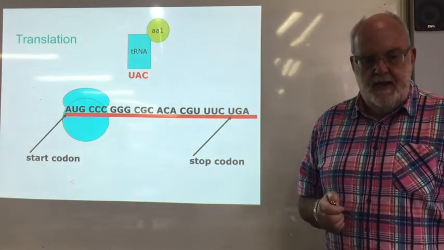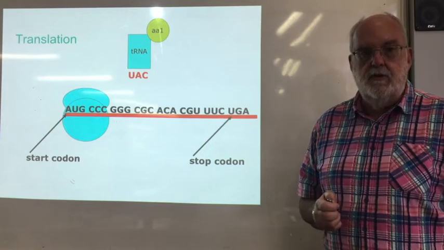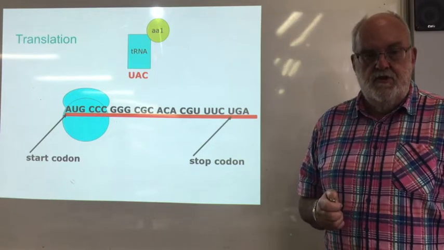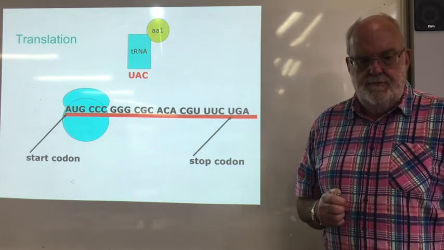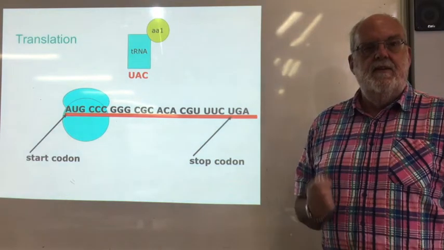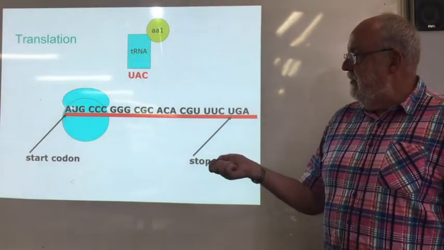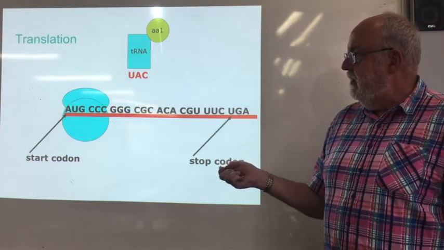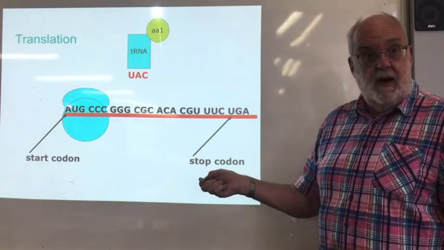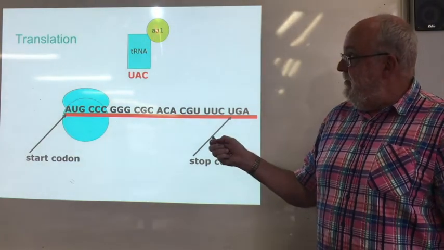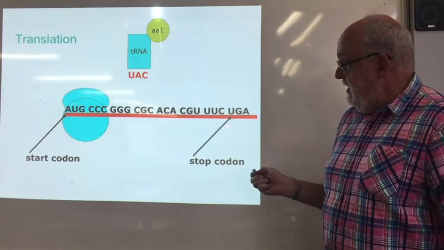So in this case, AUG is a start codon, and UGA, the other end, is a stop codon. And the 2, 4, 6, 8 codons here each of which are going to code for a particular amino acid. So you're going to end up with 8 different amino acids joining together.